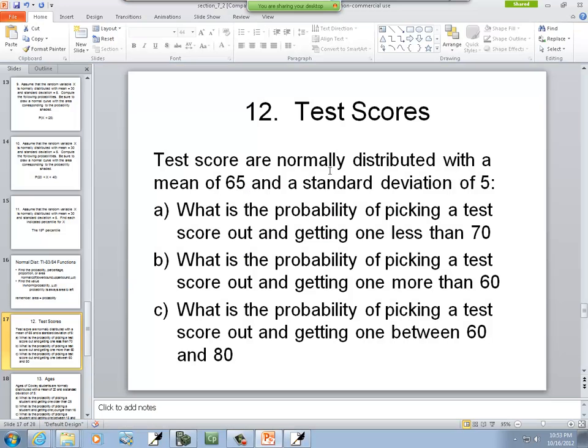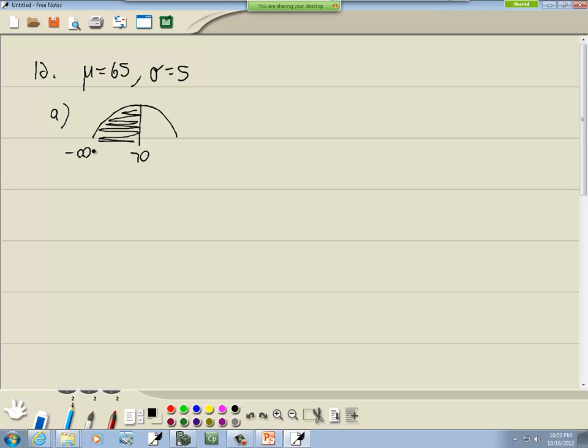Now, we know if you're taking a test, you can't get below 0. So, you know, you could put 0 here if you want, but you're going to find there's not a whole lot of difference between putting negative infinity and 0 there. Well, how in the world do you put negative infinity on your calculator? Well, we use negative E99. And if you're wondering what that represents, negative E99 is negative 1 E99.